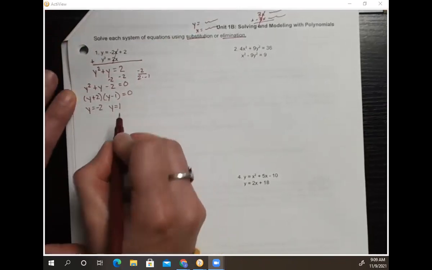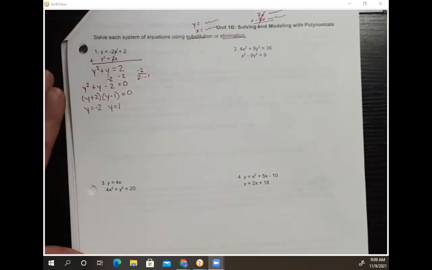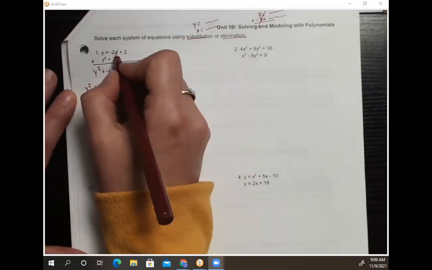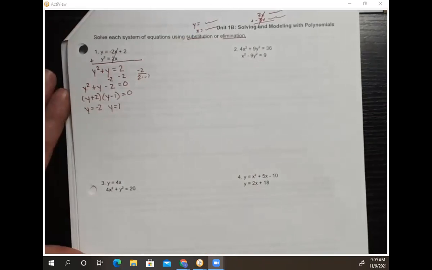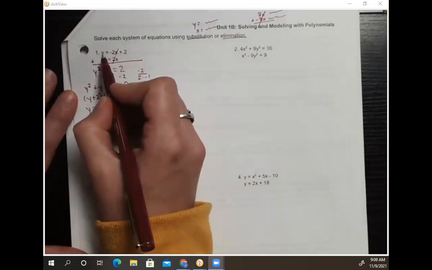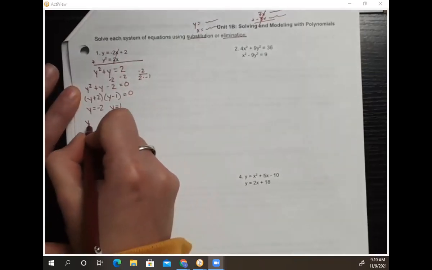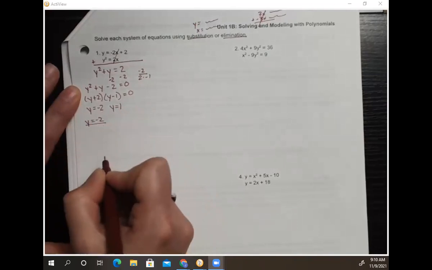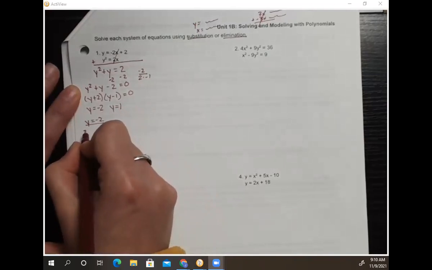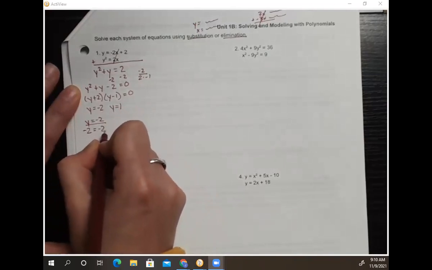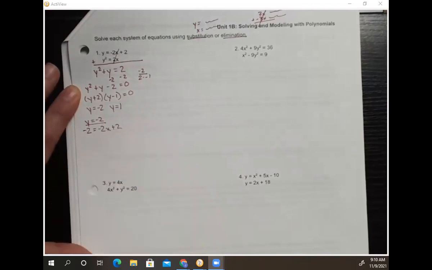Now that I have values for y, I'm going to plug those back into one of my original equations to solve for x. You can plug into whichever equation you prefer. I'm going to plug into the top here so I don't have to mess with the squaring. So when y equals negative 2, and I plug that y value in, I would have negative 2 equals negative 2x plus 2.